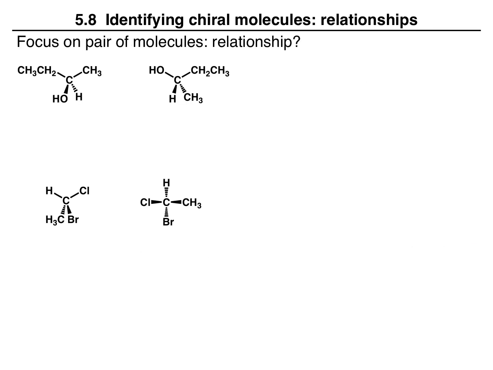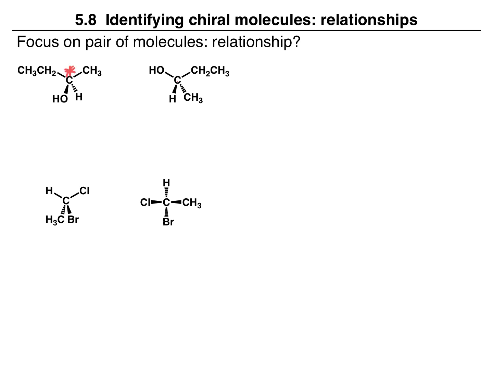Now, if we're trying to identify chiral molecules, sometimes we actually have to compare a pair of molecules. So let's say we're looking at a pair of molecules and we need to determine the relationship. We can see that this carbon is connected to four different groups. So this has a chirality center.